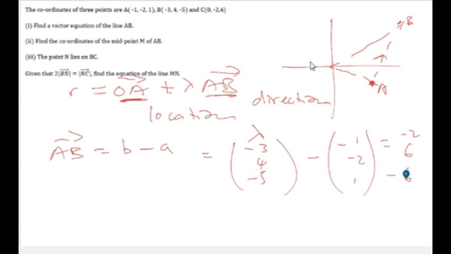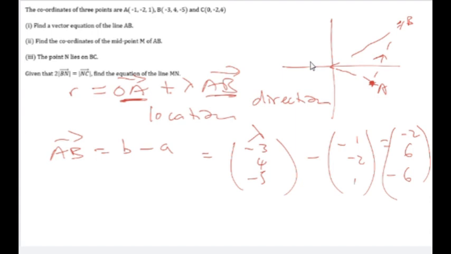So that is our answer there. I'm sure you can see that you can factor out 2 throughout and divide by 2, and you will still get the direction. This is what I was talking about when I said you can have multiple values for the direction.